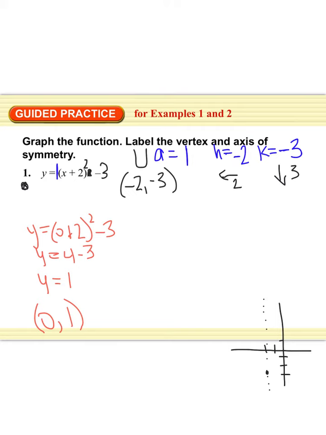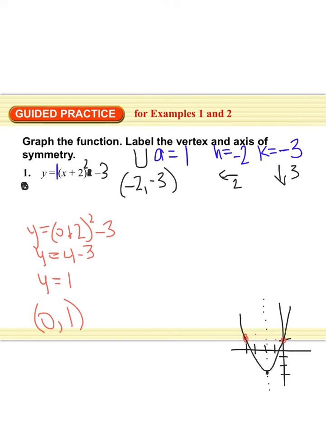That means I need to go up 1 and plot my point. So this point is 2 away from my line of symmetry. That means I'm going to go on the other side of my line of symmetry 2 places and plot my other point. And now I can plot the rest of my parabola.